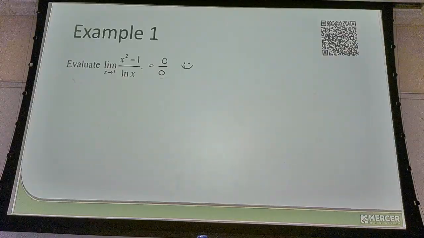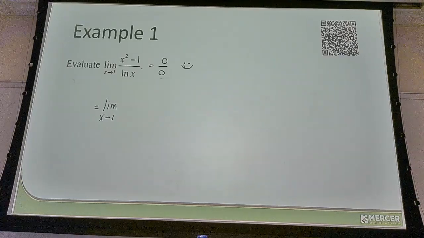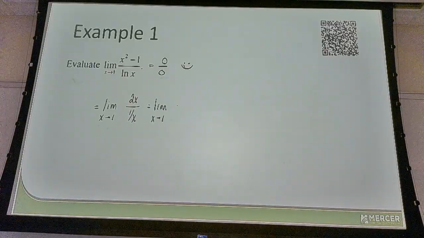That makes us happy, with new stuff now. What's the derivative of the numerator? What's the derivative of the denominator? 1 over x. What's that limit? 2. There you go. That's what it tells you.